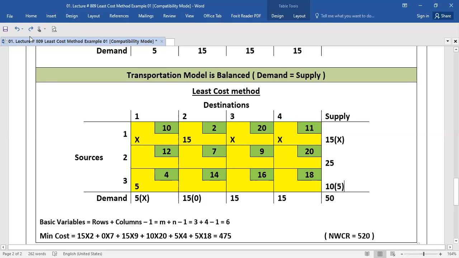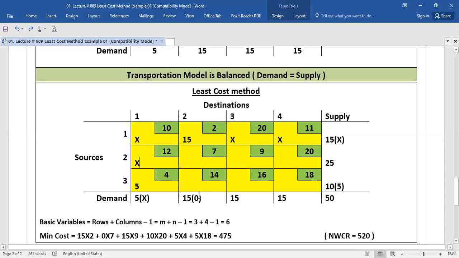Now for the next allocation, we have these blank cells. We see which cell has the least cost. This cell, which is 2, has the least cost. Here the demand is 0 and supply is 25, so 0 is the minimum.